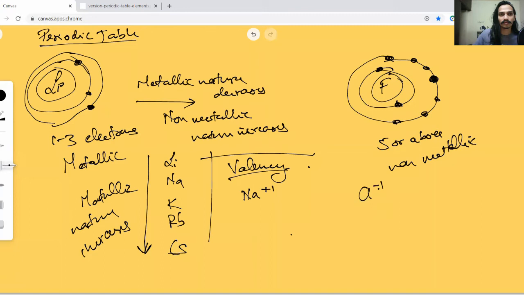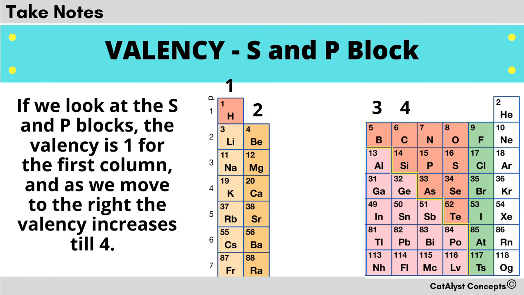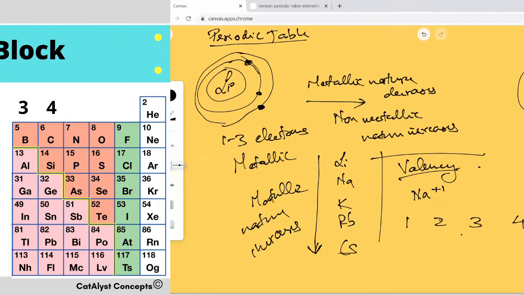When we talk about valency in the periodic table, in the first column we have valency 1. It's a positive valency, but the value is 1. As we go towards the right, the valency keeps increasing: 1 to 2, then 3, all the way up to 4.